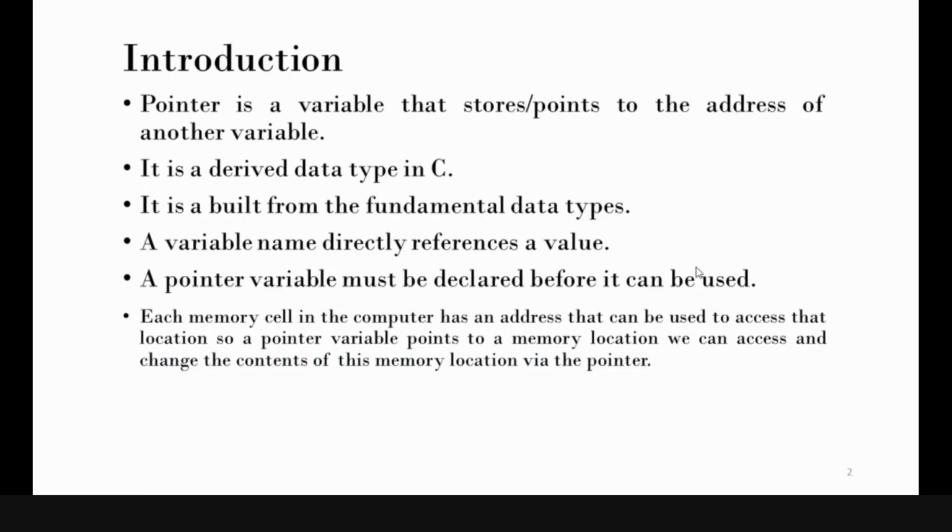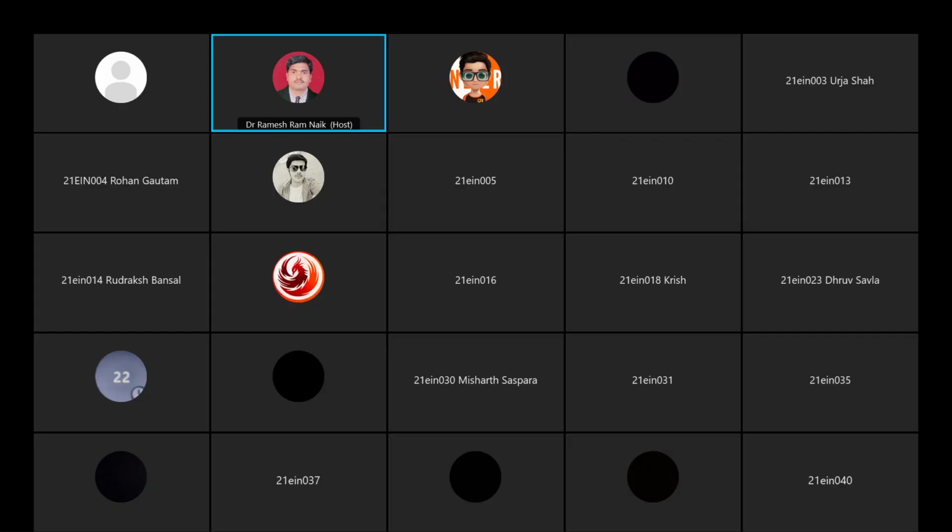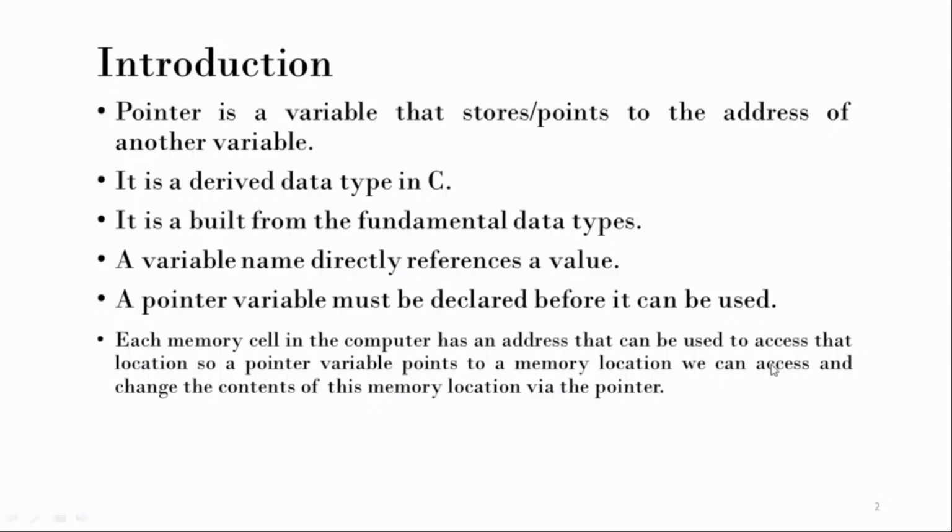Okay. So a pointer is a variable that stores the address of another variable. It is a derived data type in C programming, built from the fundamental data types.